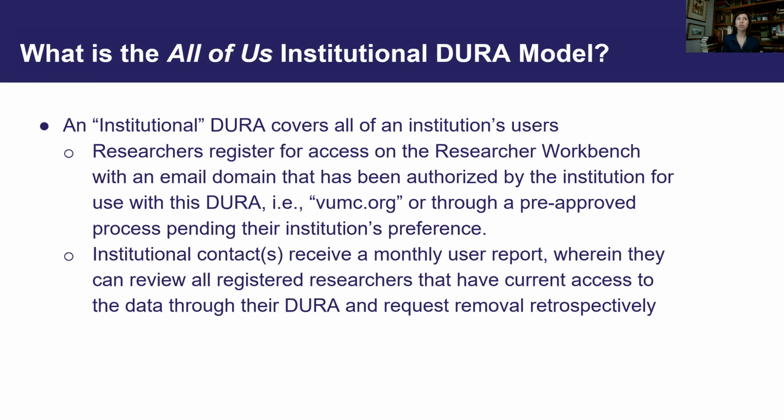So this report will include a list of all of their users who are registered and have access to that data. They can review that and they can let us know as needed if any of those users need to rotate off, have left the institution, should no longer have access, and our team will work with them to make sure that's taken care of.